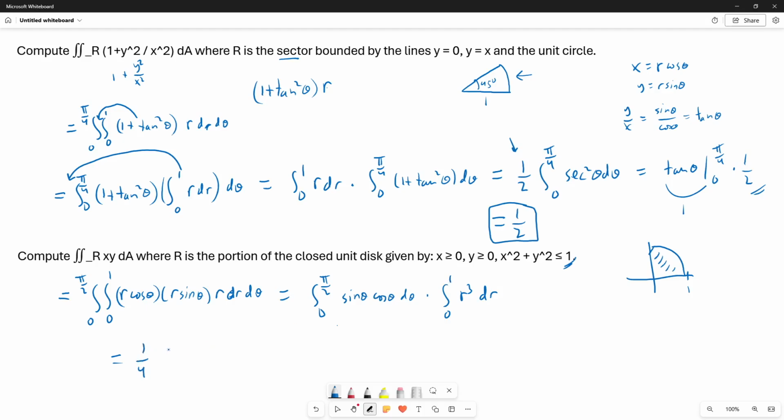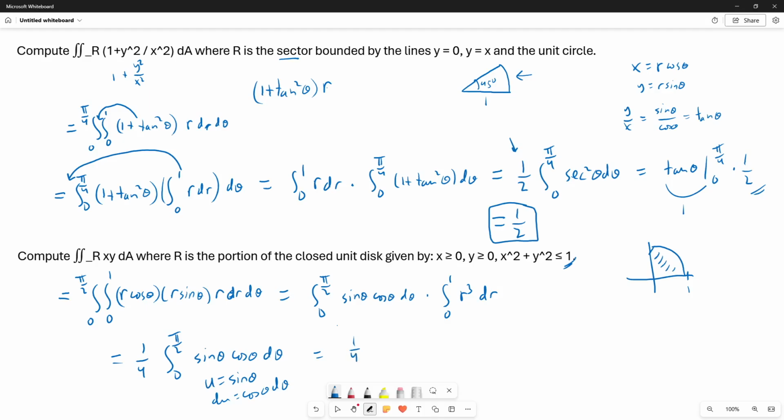And then to integrate sine theta times cosine theta, we can use the u substitution. u is equal to sine theta, du is cosine theta d theta.